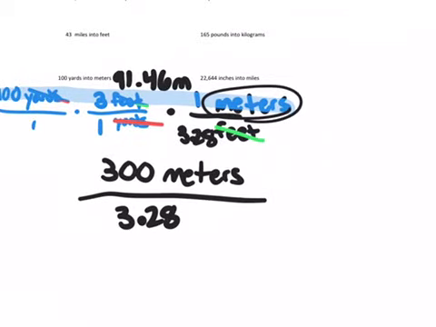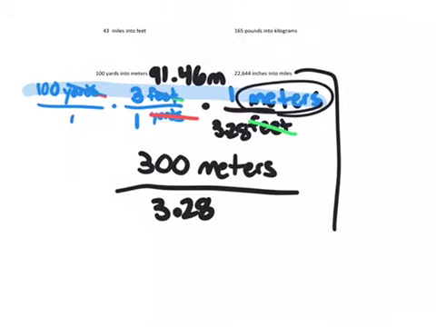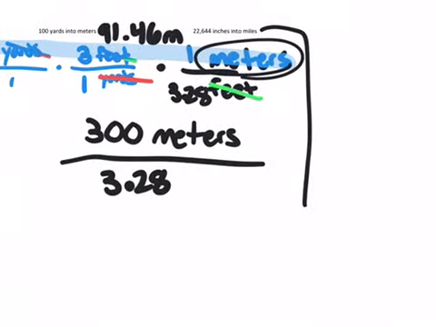All right, so let's check this one out. 22,644 inches into miles. This one's also going to take a couple of steps, and that's okay, because I can go from inches to feet and then feet into miles.